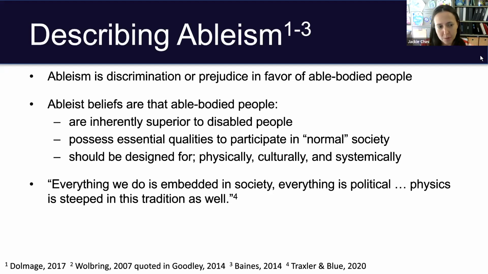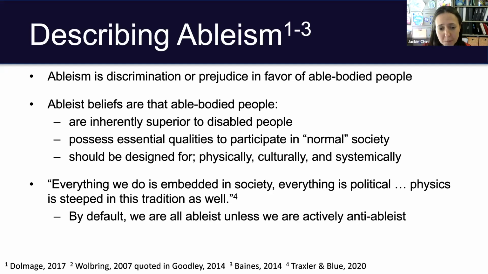If we are centering able-bodied people, then we are designing for able-bodied people, and then able-bodied people are the ones who are able to participate. A quote from our colleagues, Adrian Traxler and Jennifer Blue, says, everything we do is embedded in society. Everything is political. Physics is steeped in this tradition as well.